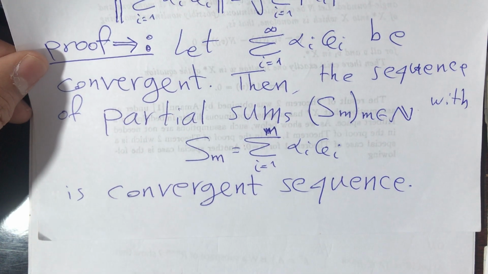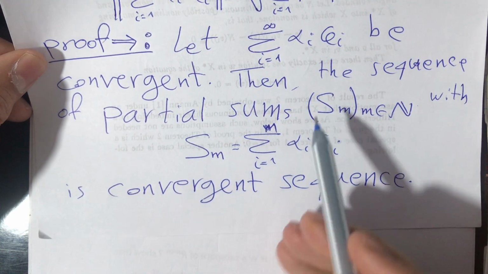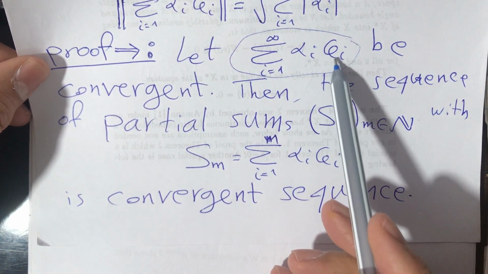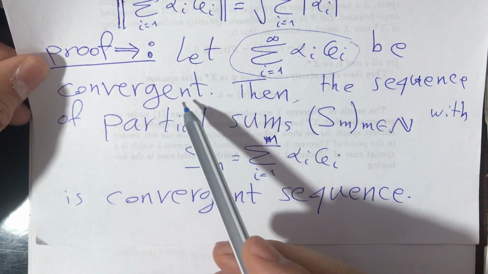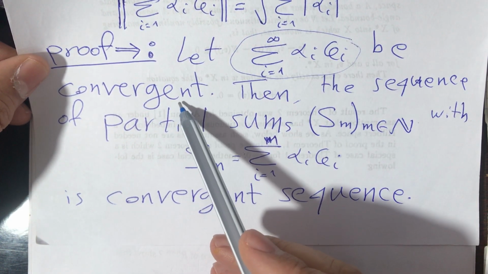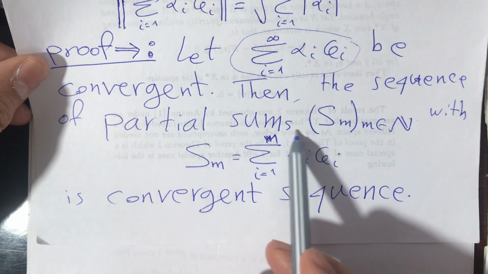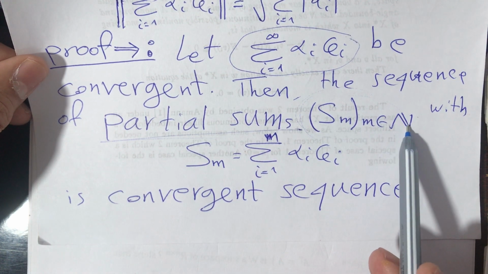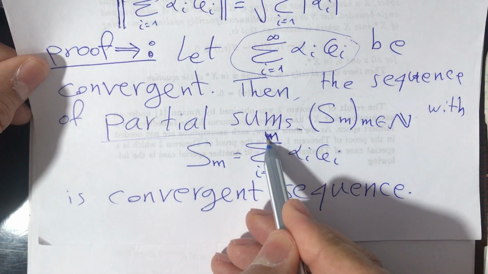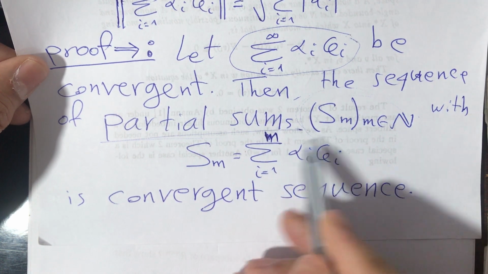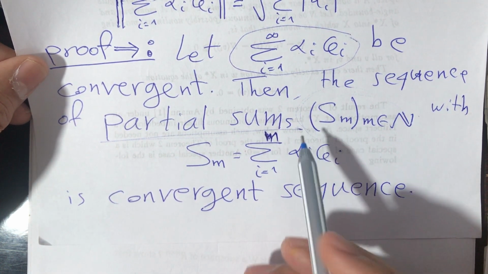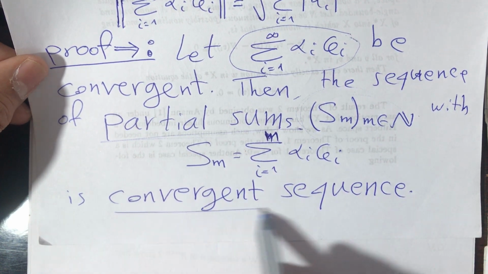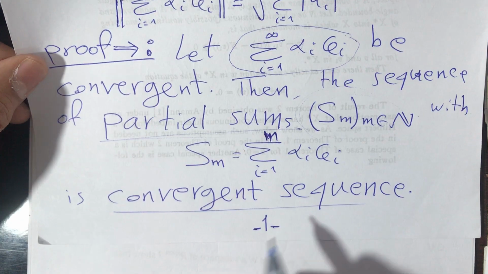If the summation alpha I phi I from 1 to infinity is a convergent sequence, then the partial sums, let's call it S_m, that means not all the terms, just m terms from the sequence, will also be convergent. This is page number 1.